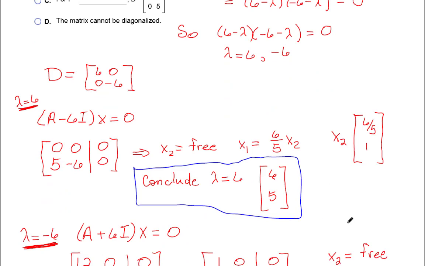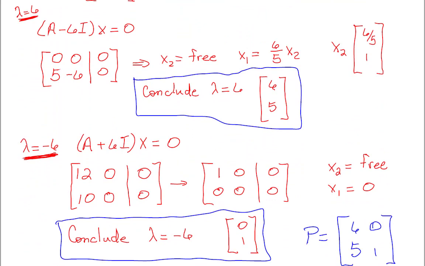And so now I need to find the basis vectors for each of the eigenvalues. So for lambda equals 6, I need to solve A minus 6I times x equals 0. So simply form it, and in this case it's already pretty much solved. x2 is free. x1 is 6/5 x2. Now, to make it look nicer, multiply through by 5 to get our first column vector for lambda equals 6.